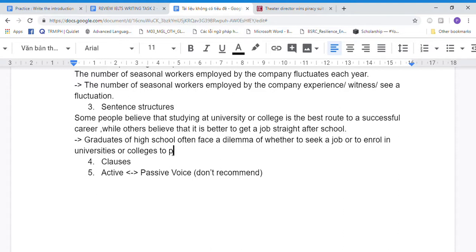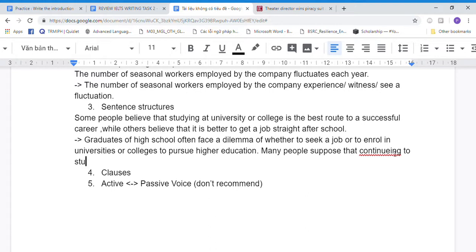Colleges to pursue higher education. Many people suppose that continuing to study.